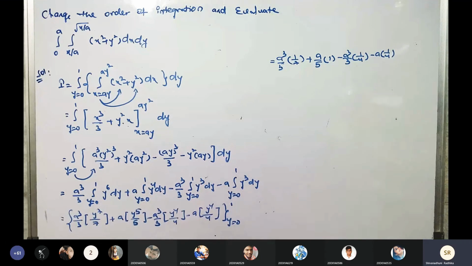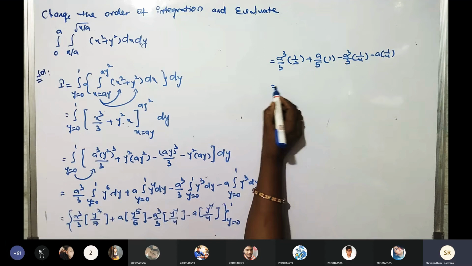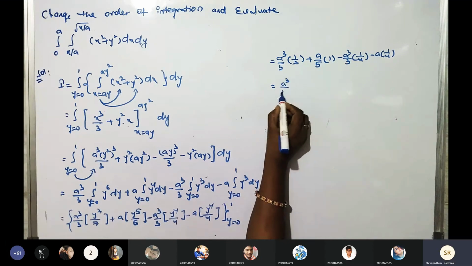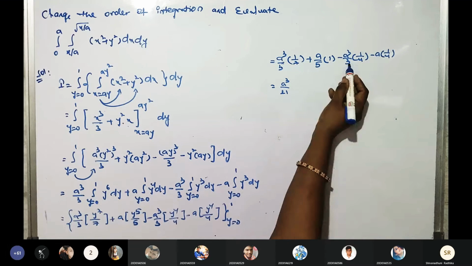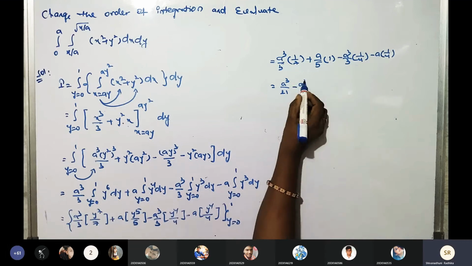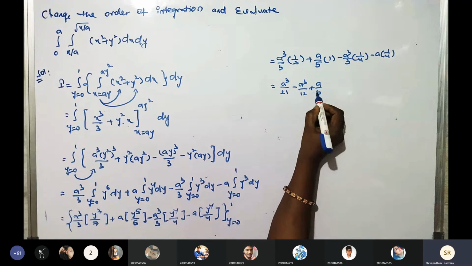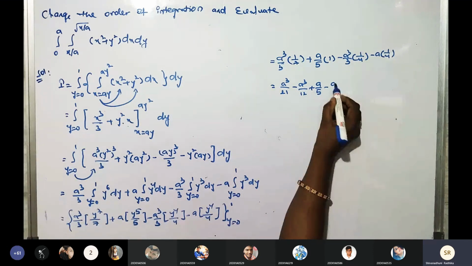Clear? Minus 0 is 0. Now here a cube by 21, here minus a cube by 12, right? Here a by 5 minus a by 4.